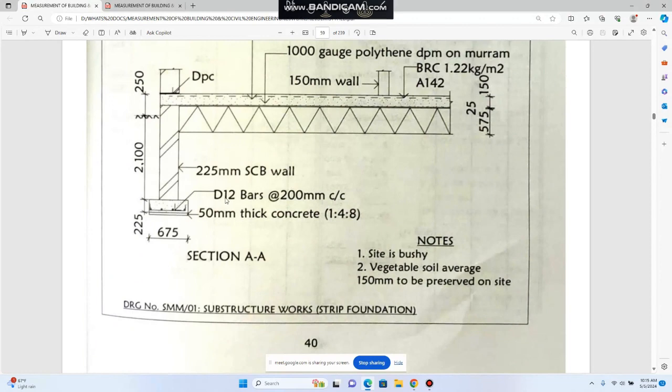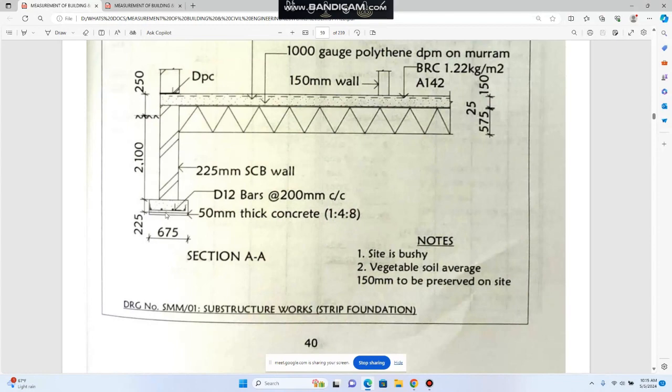These reinforcements are D12 bars, so they have a diameter of 12 millimeters, and their spacing one to another is 200 millimeters center to center. Then this concrete here is 50 millimeters thick concrete, ratio 1:4:8. This is blinding.